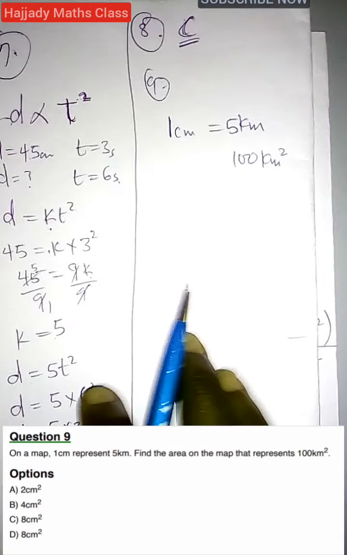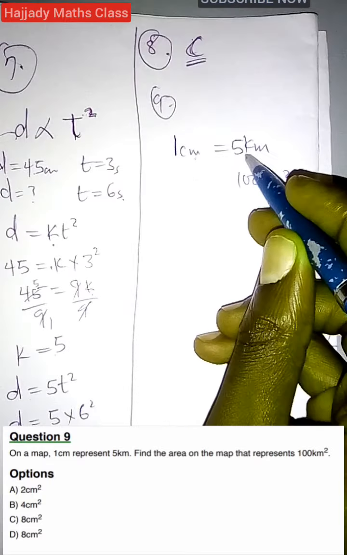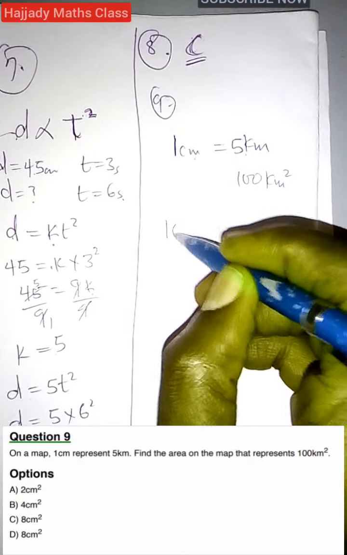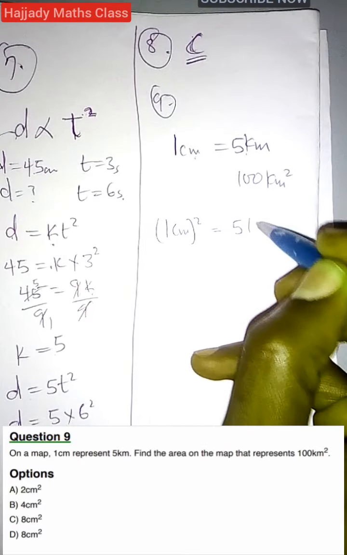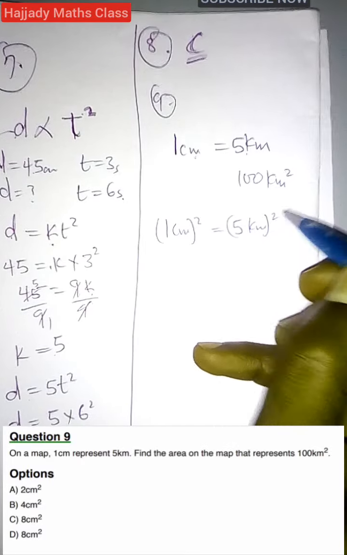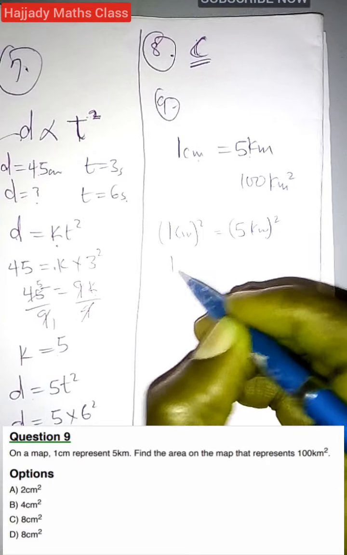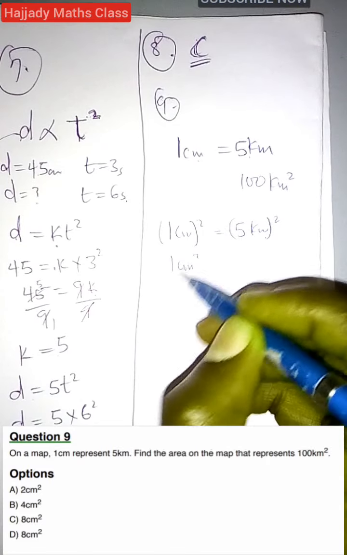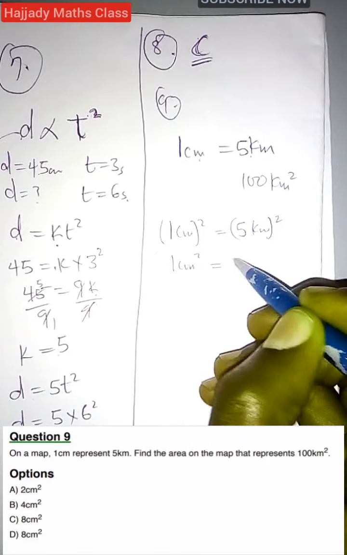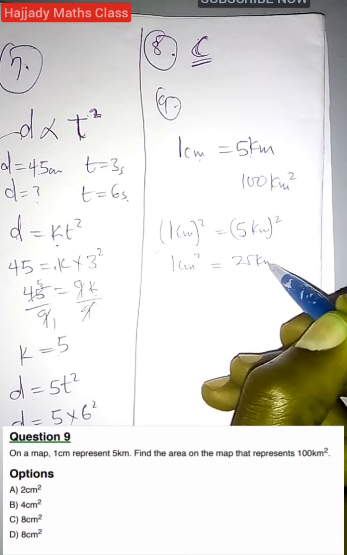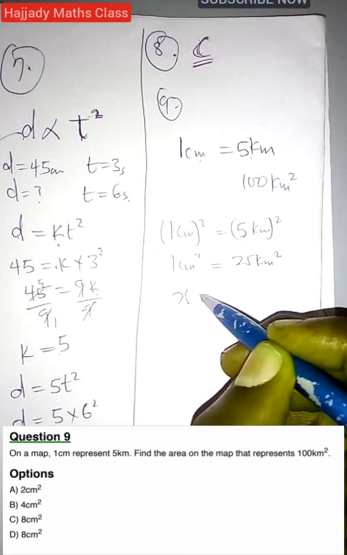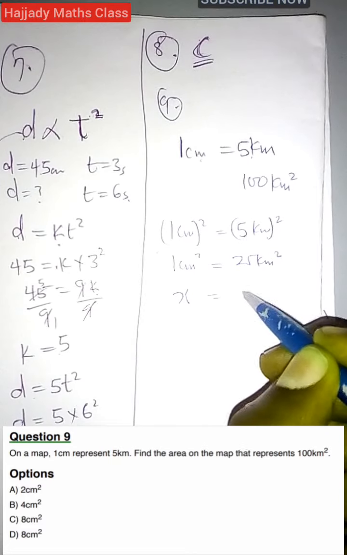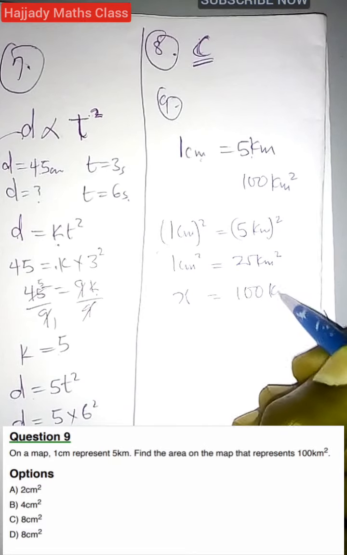If 1 centimeter represents 5 kilometers, that means 1 centimeter square must represent 5 kilometer square, so that is 1 centimeter square, because 1 squared is 1, will be equals to 5 squared, which is 25 kilometer square. So here now, our x, because this is what we are looking for, will be equals to what? 100 kilometer square.